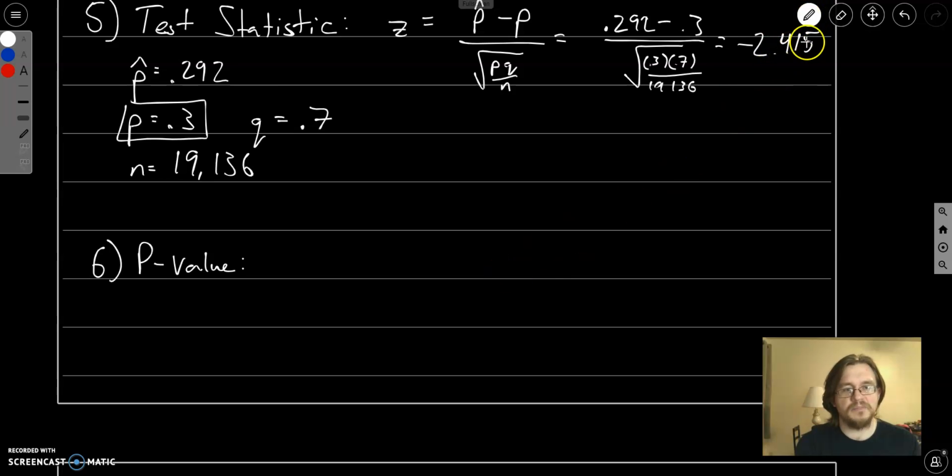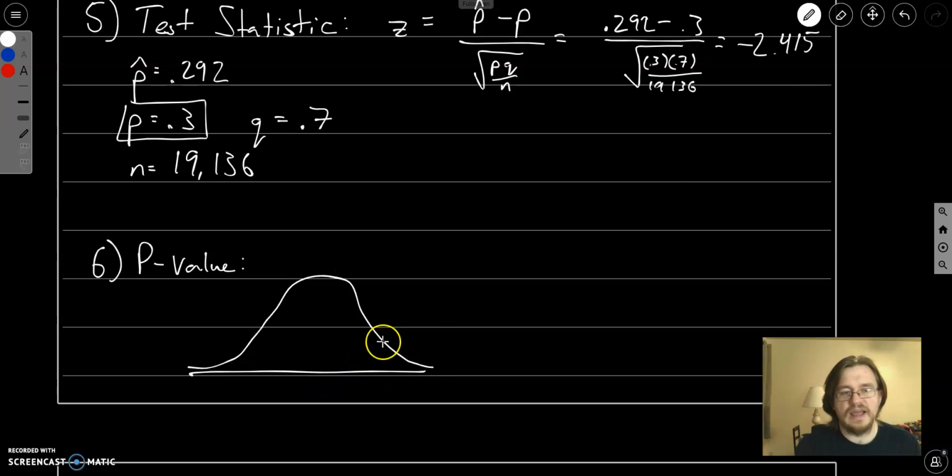Well, because we're looking at z values, all of our values are coming from a normal distribution. This is normalized, so this is coming from the standard normal distribution, where we have the mean of 0. Negative 2.415 will be over here.